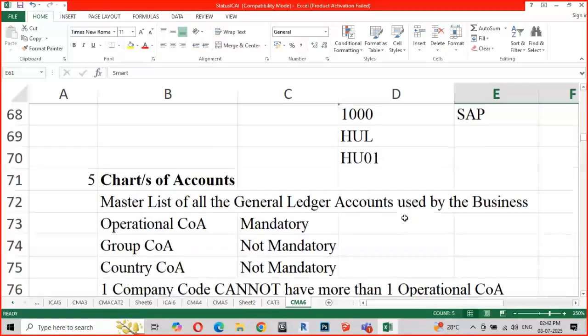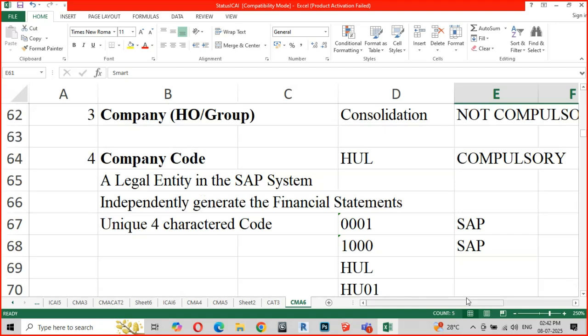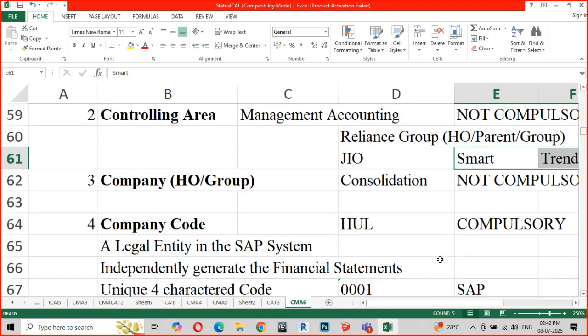Now, I said I was working on a telecom project which was spread across 23 to 24 countries. So we had recognized each country as one company code. The business was running in England, Australia, China, Japan.